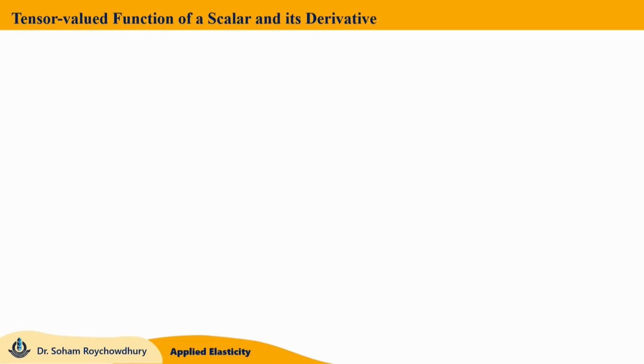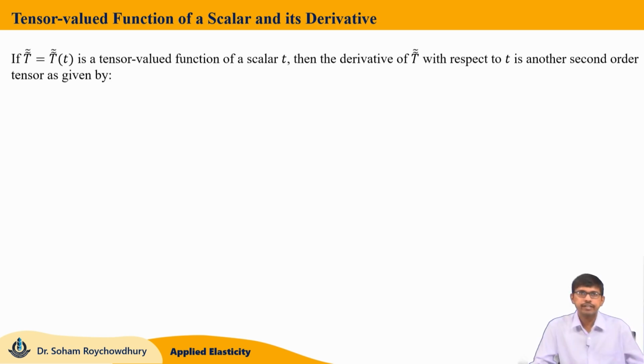So, first we are going to start with the tensor valued function of a scalar and its derivative. Let us say capital T is a second order tensor valued function of a scalar small t.